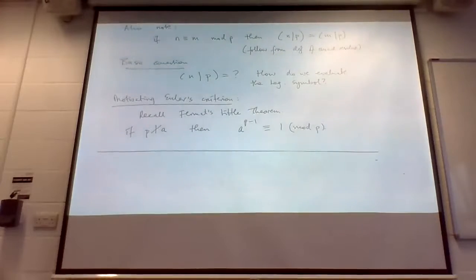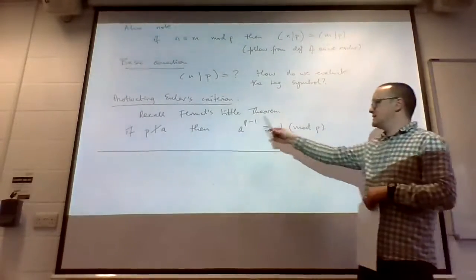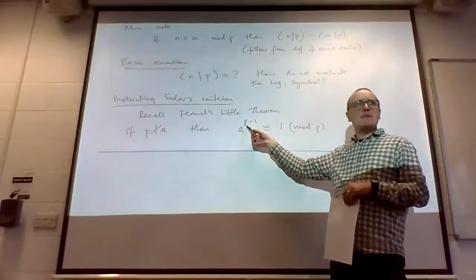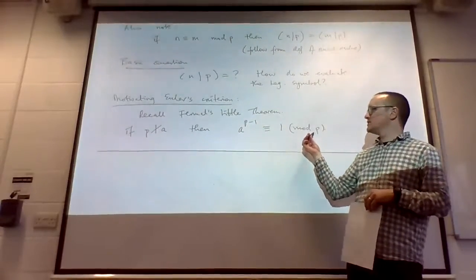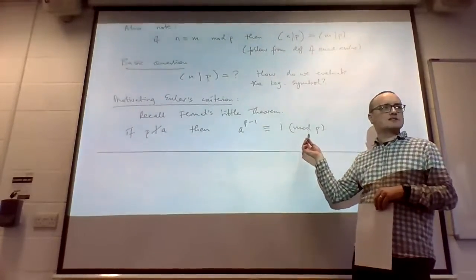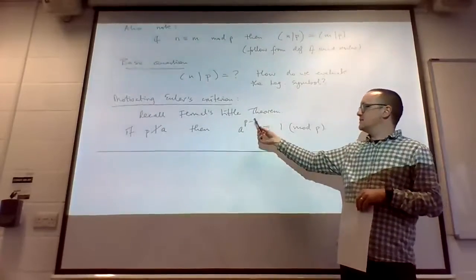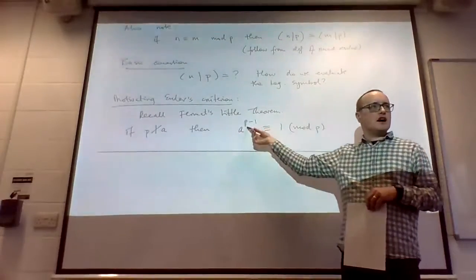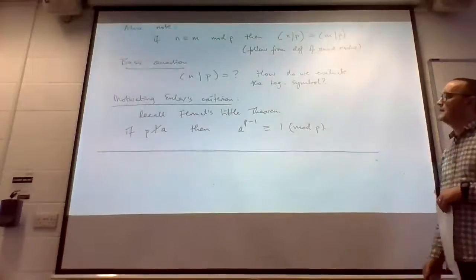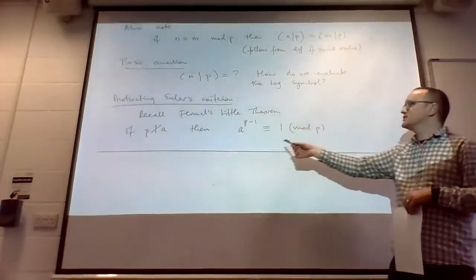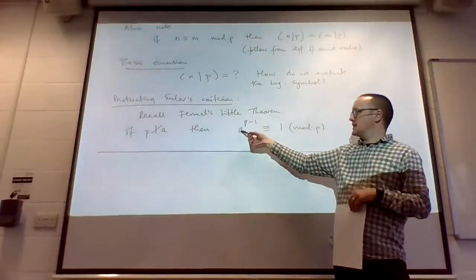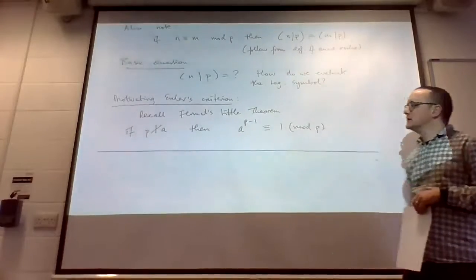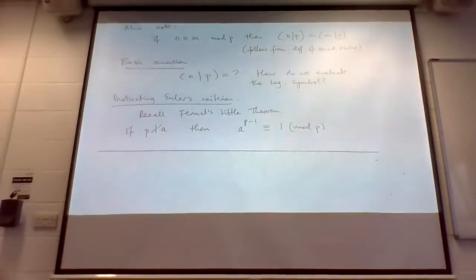The more general form of that is what we referred to as Euler's theorem, which was a to the power of phi of n, phi of the modulus, if n was the modulus, so a more general modulus, not necessarily a prime number. a to the power of phi of n was 1, where phi was the Euler totient function. In the special case of a prime modulus, it reduces to this statement, a to the power of p minus 1 is congruent to 1 mod p.